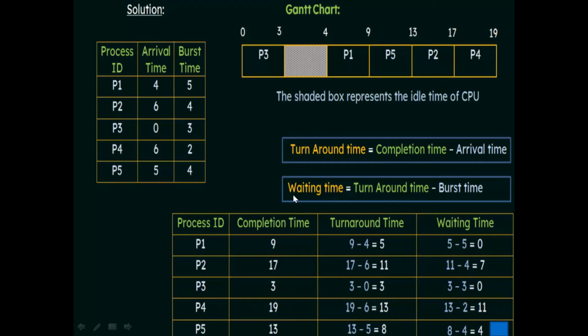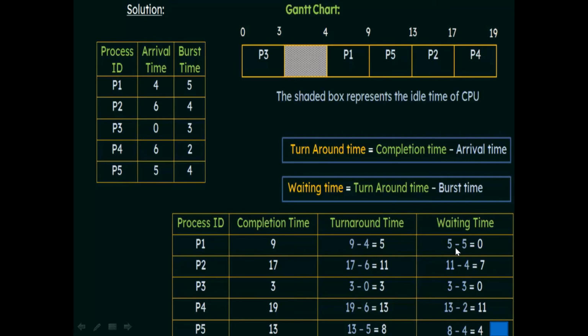Similarly, using this formula, we can calculate the waiting time. The formula for waiting time is turnaround time minus burst time. As we have calculated the turnaround time, and the burst time is given in this table, what we need to do is just put the values in this formula and calculate the waiting time. As you can see here, the turnaround time for P1 is 5, and the burst time is also 5.